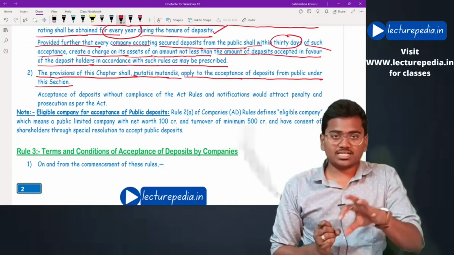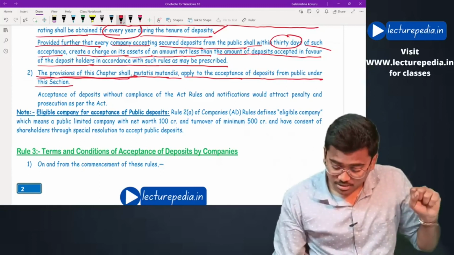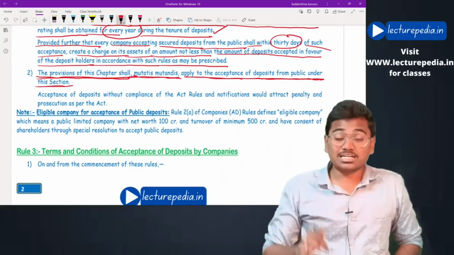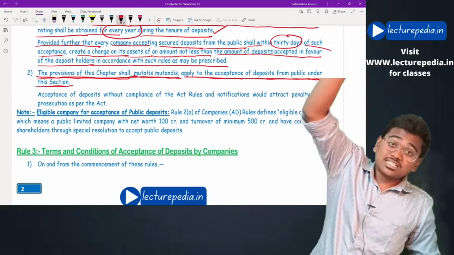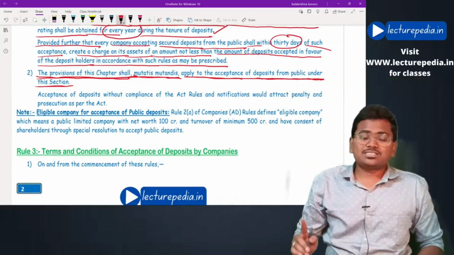Now here, the provisions of this chapter shall mutatis mutandis apply to acceptance of deposits from the public under this section. That means conditions prescribed in section number 73 will also be applicable to deposits raised from the public.